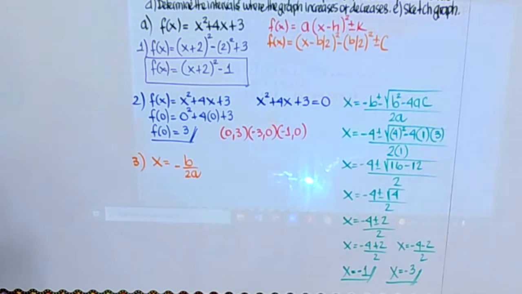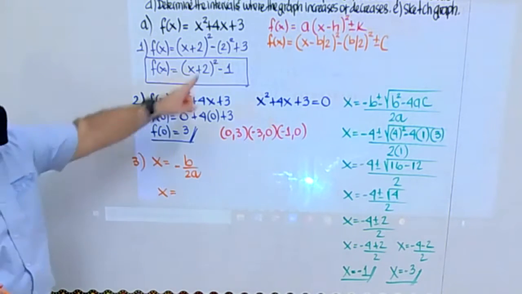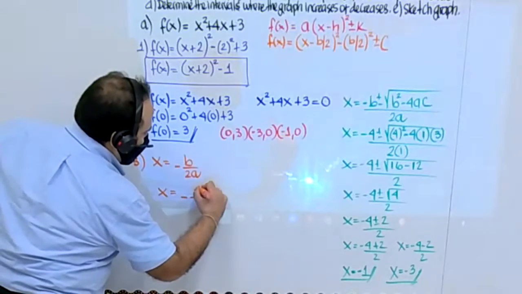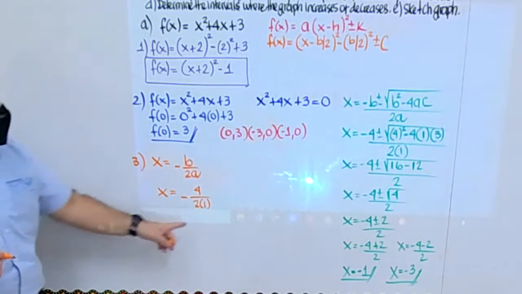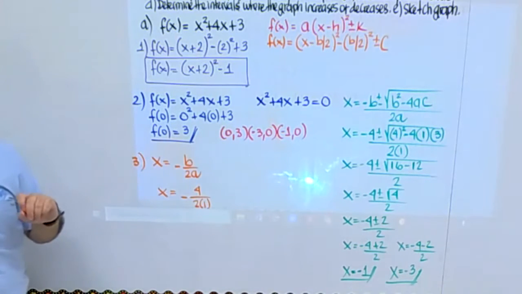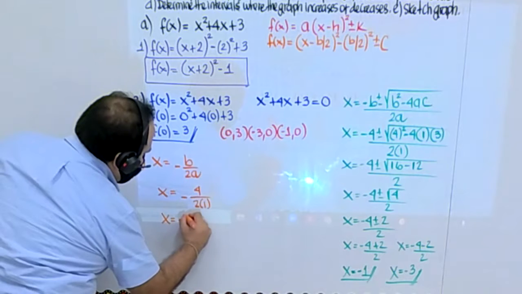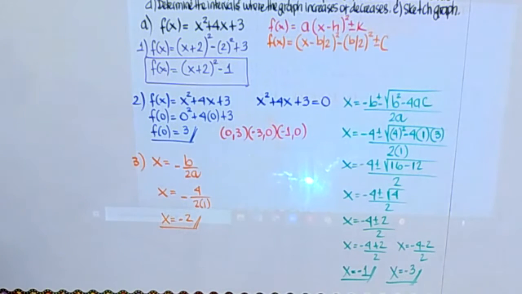This is going to be the symmetric axis. What will be the letter b? Obviously, it will be positive 4. So we got negative 4 over twice the number 1. Why number 1? Because a represents the number 1. For that reason, the symmetric axis is given by x equals negative 2.